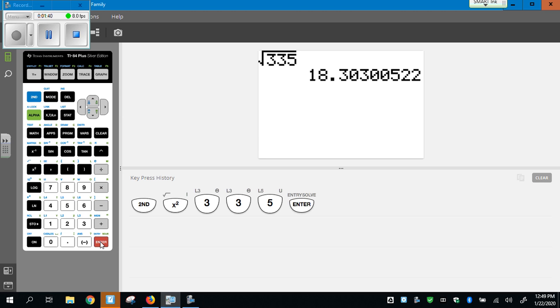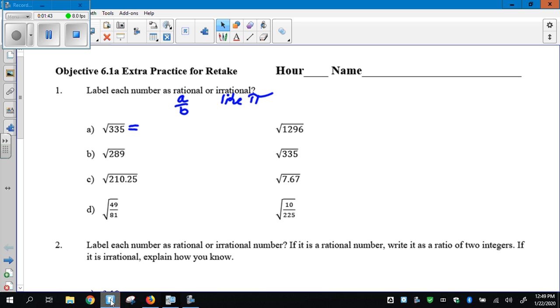We're pretty sure it's an irrational number. So it equals 18.3030522. I think that would keep going, and the numbers are random. So that is an irrational number.